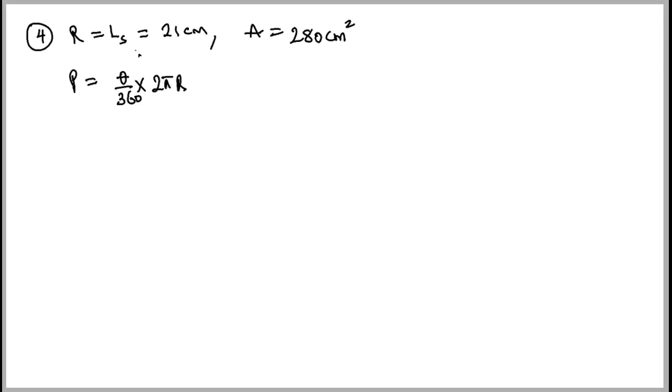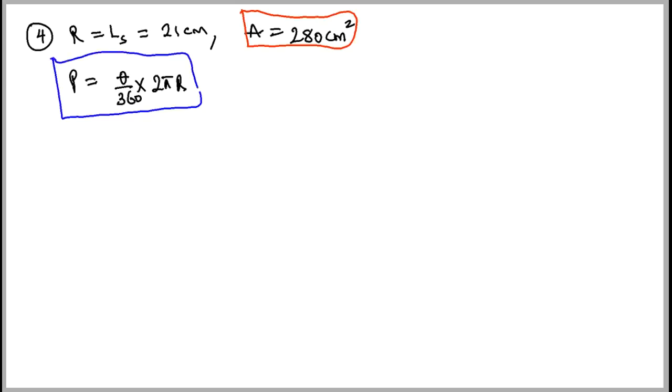Because R is known as 21. Let's use a fact from this area, because this value stands for the area of the sector. This is what we are asked to find.